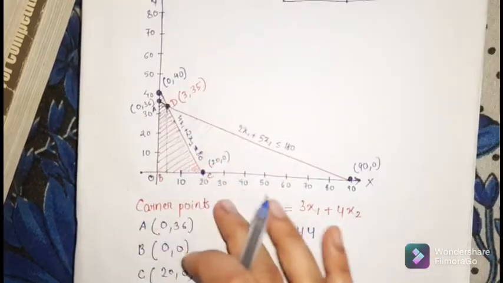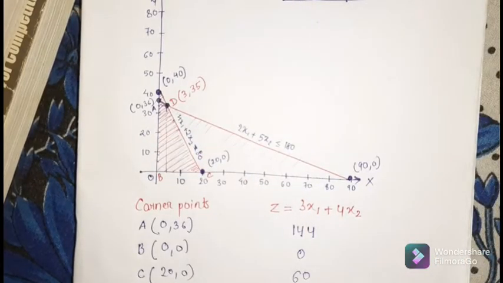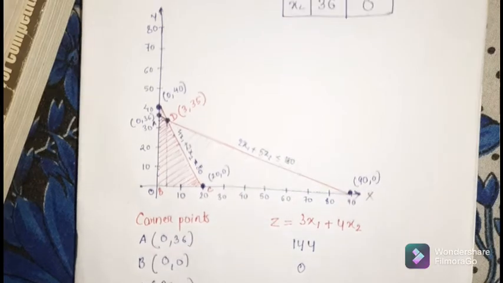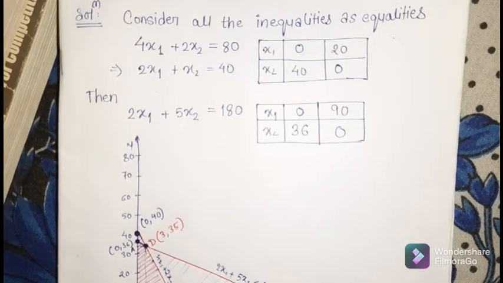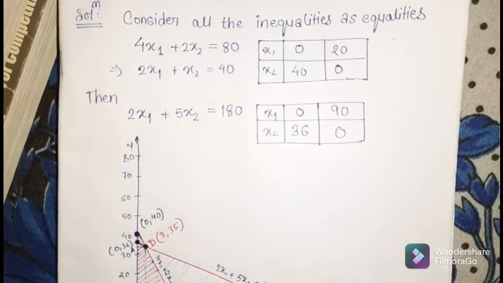And here ABCD is the feasible region. So in this way, this is very simple, nothing to worry about in these problems. These are quite a bit longer, but they are easy.